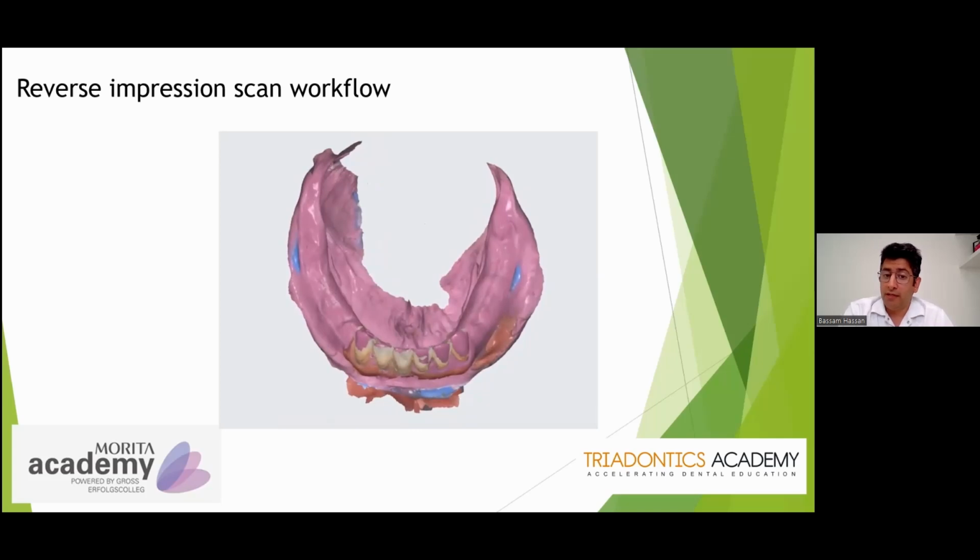You don't pour out the cast like we did in the past, but you reverse the intraoral scan, and the impression is a negative of the arch. Then you just have to scan the impression, and you can combine it with your intraoral scan, and then you can go from there. So that actually solved an issue for getting a mucostatic, functional impression, the one that you see in front of you.